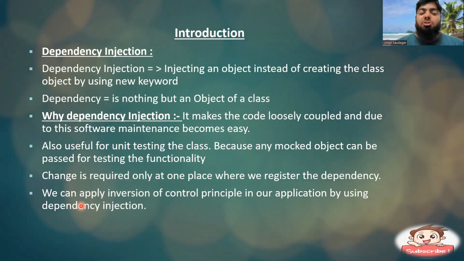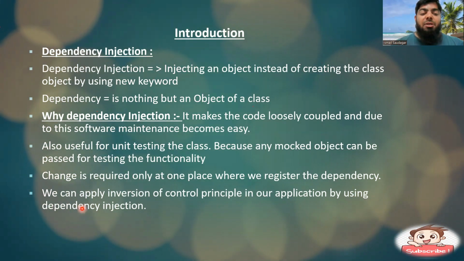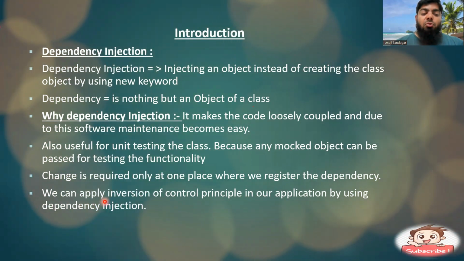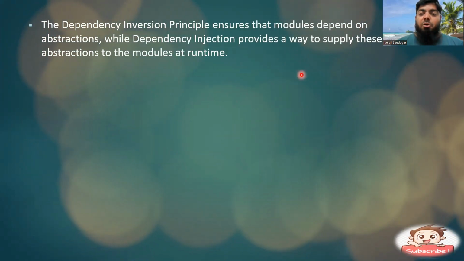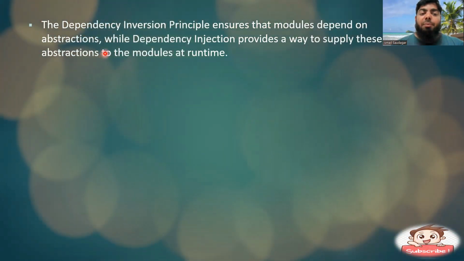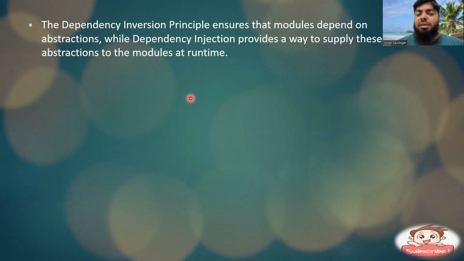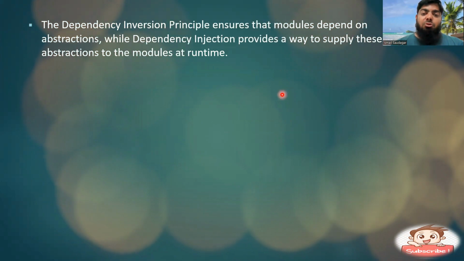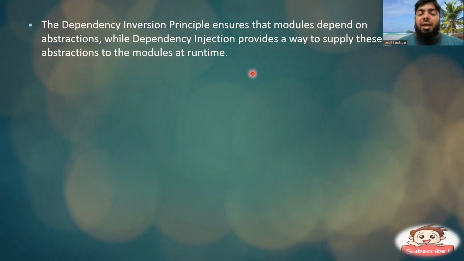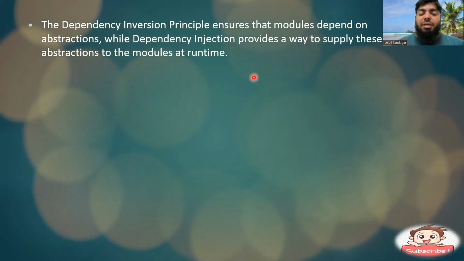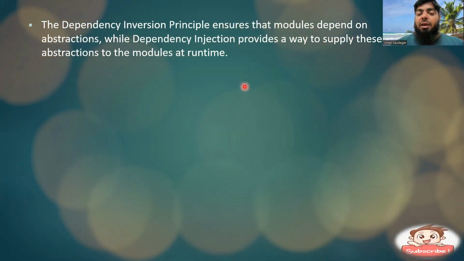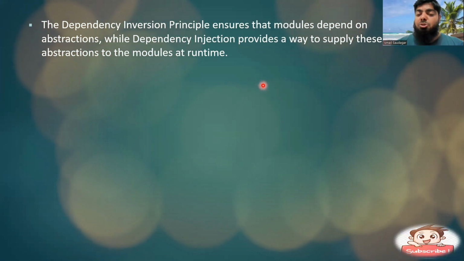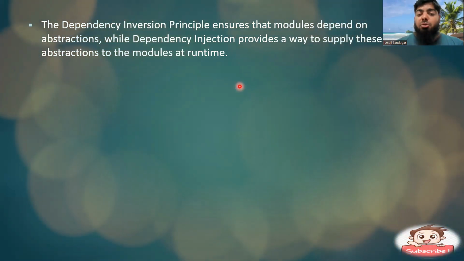We can apply the inversion of control principle in our application by using dependency injection. So what is inversion of control? Inversion of control says that a module should depend on abstraction. It should not depend on details. Suppose I have one class A and a class B, and in class A I need an object of class B. In that case, the dependency inversion principle says that class A and class B should not depend on details.